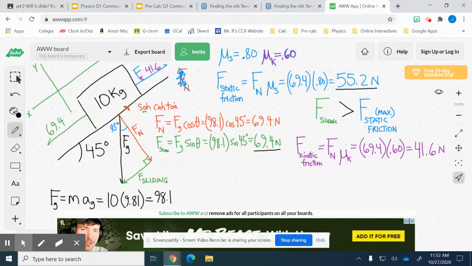So the net force on this thing, because remember the net force is what determines the acceleration, is going to be the force of the sliding minus the force of the kinetic friction. All right? So how much is trying to pull it down, the gravity trying to pull it down, minus the force of the kinetic friction trying to keep it from getting pulled down.